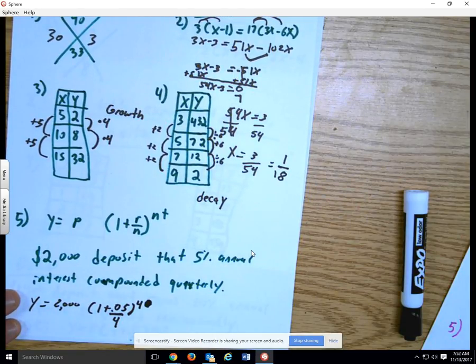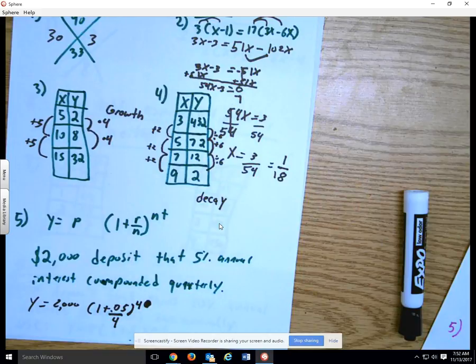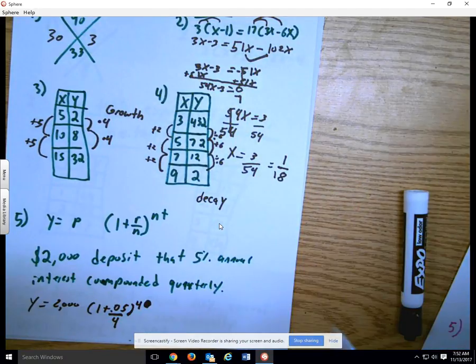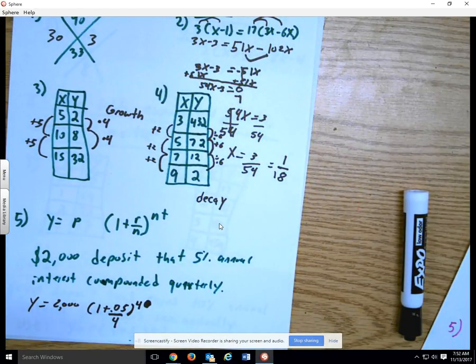Okay, now we just solve it. 0.05 divided by 4 is what? Let me get the calculator. $1.25.